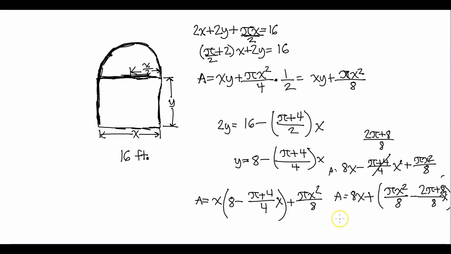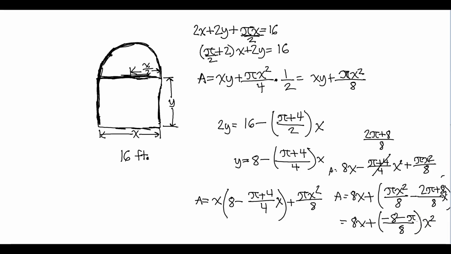Okay. The hard part is just simplification, all the algebra. So we combine these two fractions and we get plus negative 8 minus pi over 8 x squared.